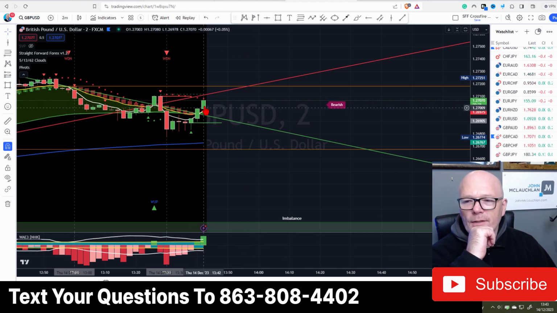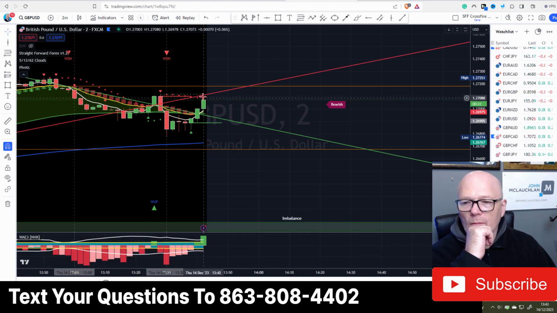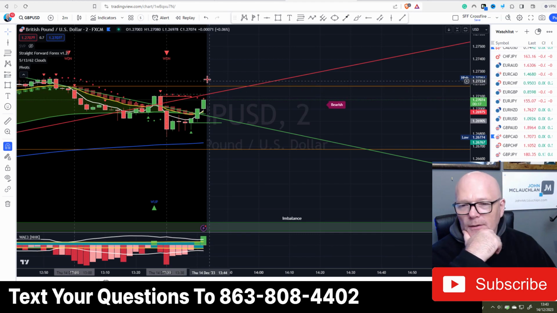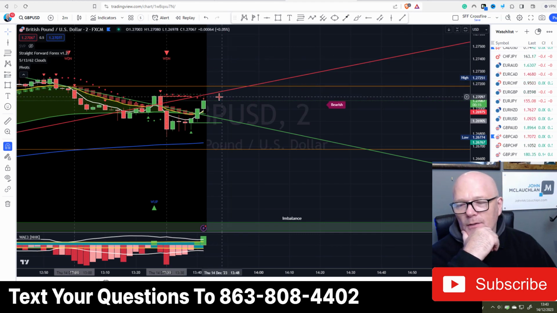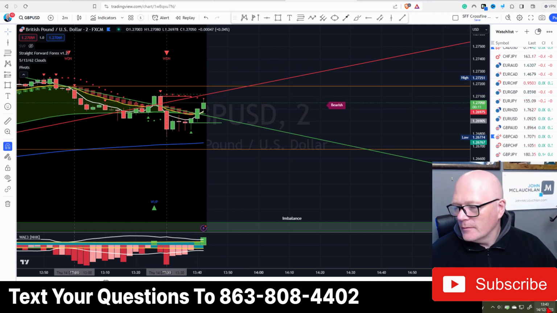Okay, so in this position, if price went up and it went past the red trend line, ideally I'd want it to go up here to consider anything like a significant buy, but I think it's going to do that.